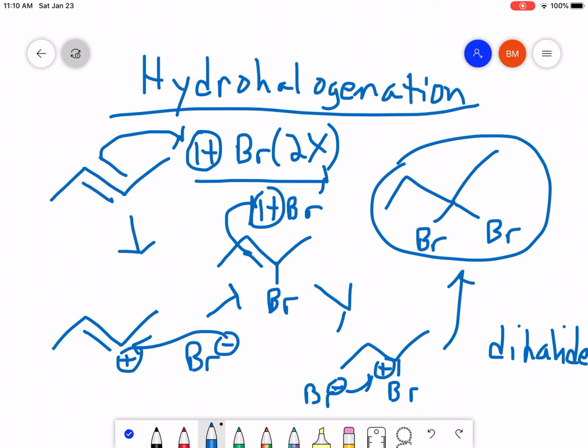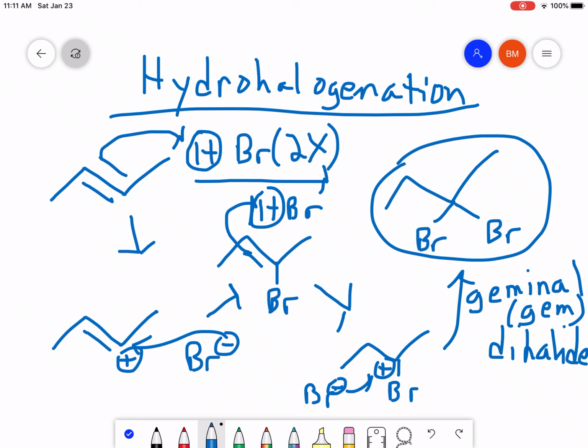When they're on the same carbon, it's called a geminal dihalide, sometimes shortened to gem. So whenever you do hydrohalogenation of an alkyne, you're always going to get a geminal dihalide because you get 2 consecutive hydrohalogenation reactions.